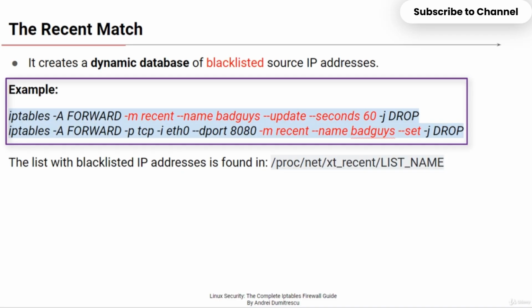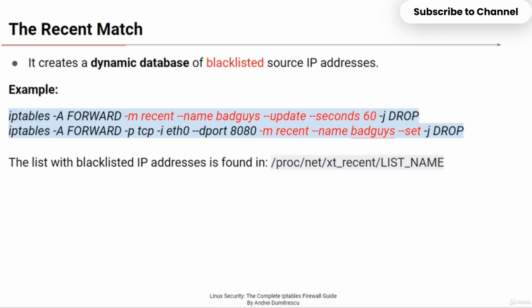Therefore, there must be a quiet time of 60 seconds before another packet from this address will ever be considered. Or in other words, if 60 seconds pass without seeing again that IP address, the subsequent packets from the source IP address will be again permitted. Of course, if they won't be dropped by the second rule, in which case the source IP address is added to the badguys list again.